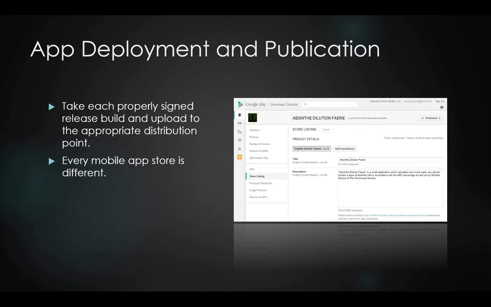So go into Google Play and upload your APK, upload your certs, get everything up there, and you've got to give it a title, a description, what countries you want it to be distributed to, and if you're charging for it, how much money you're going to require people in different countries to have. This of course varies widely by app stores. When you do it for iOS, there's an entirely different process than when you do it for Android.